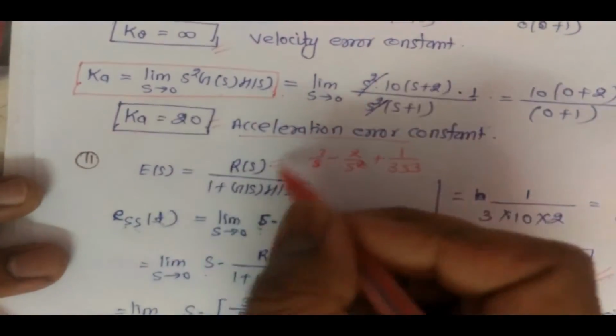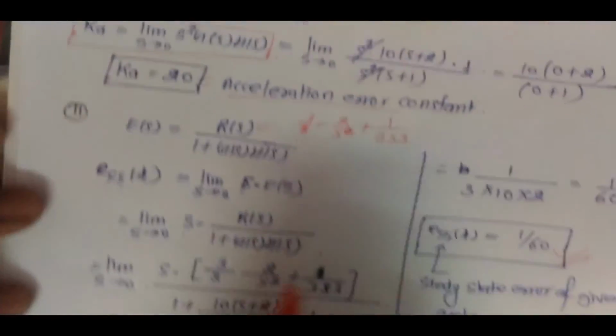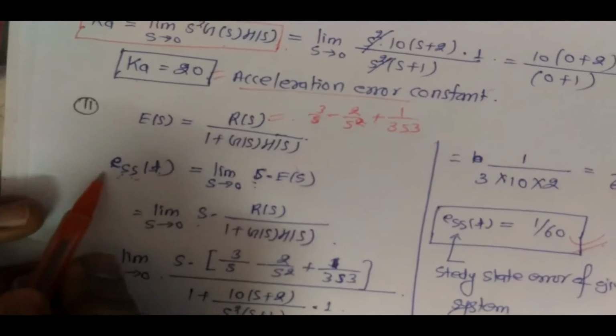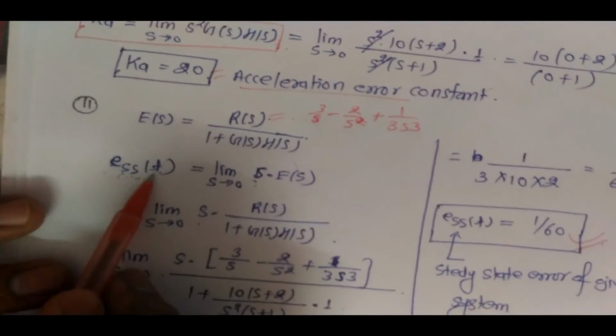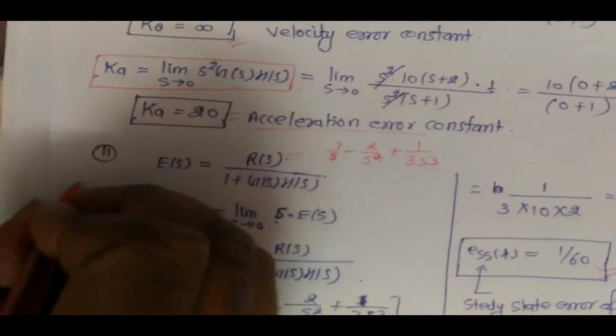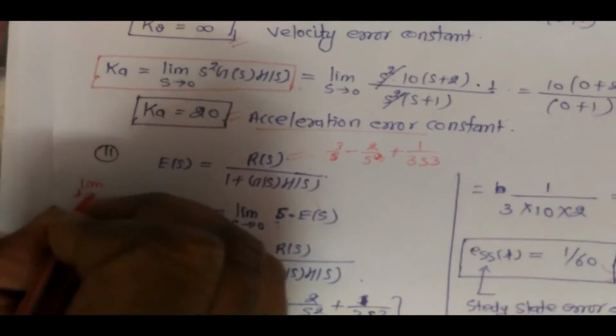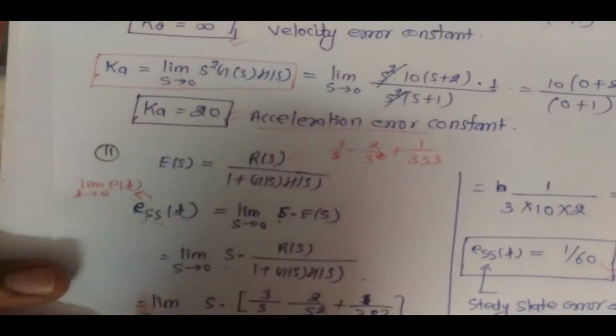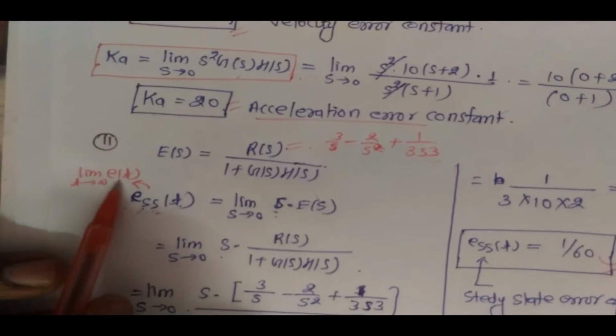If R(s) is this quantity, then we find the steady state error. This SS means steady state, E stands for error. Sometimes it is also written as limit t tends to infinity e(t).